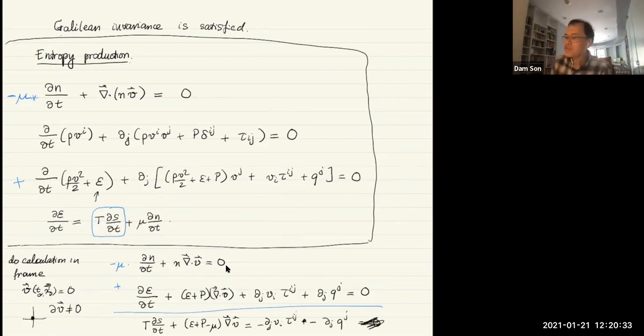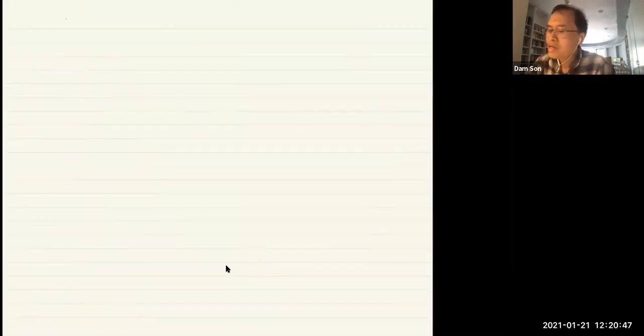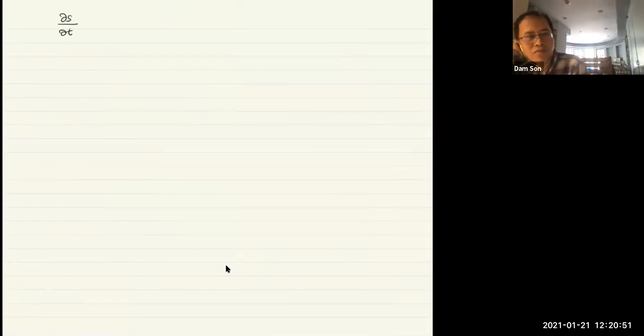So you see here, it already looks something like, if you divide that equation by T, it looks exactly like the production of entropy. We expect that the conservation law for the entropy is like ds/dt plus the gradient of s v plus something.